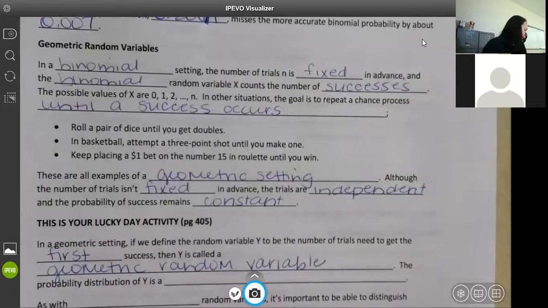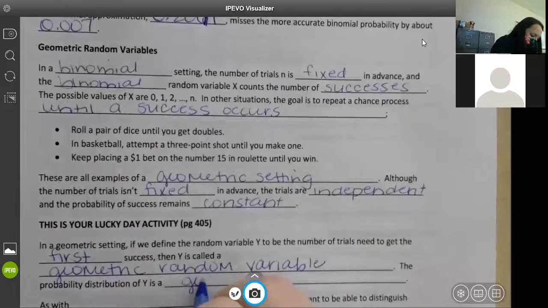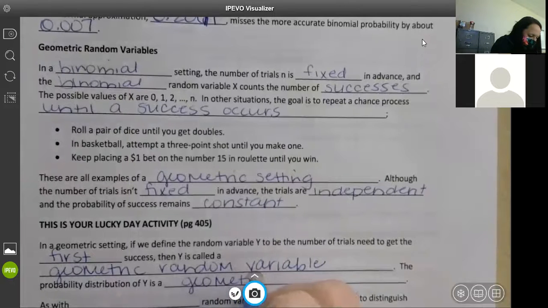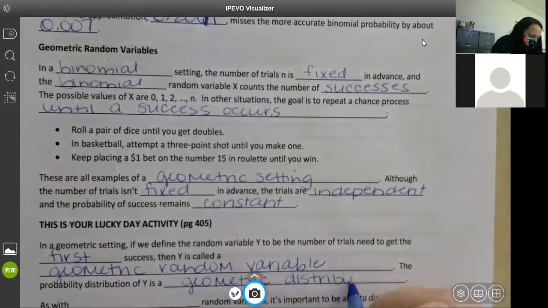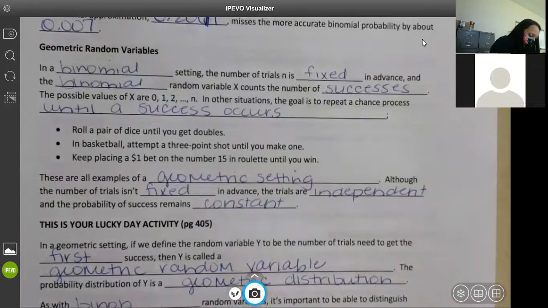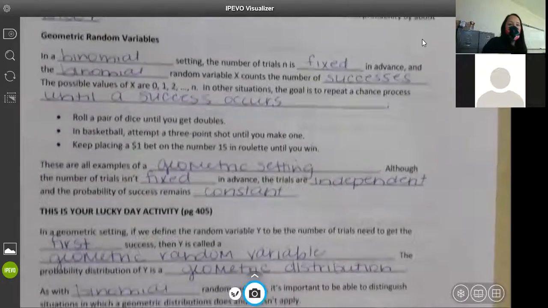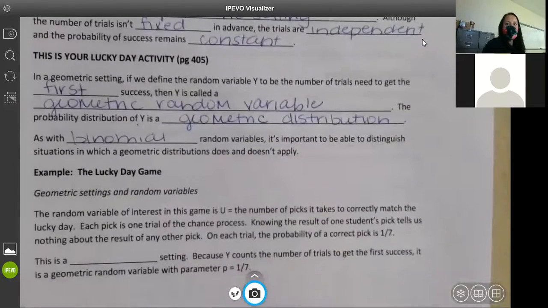The probability distribution of y is a geometric distribution. As with binomial, it is important to be able to distinguish situations in which a geometric distribution does and doesn't apply.